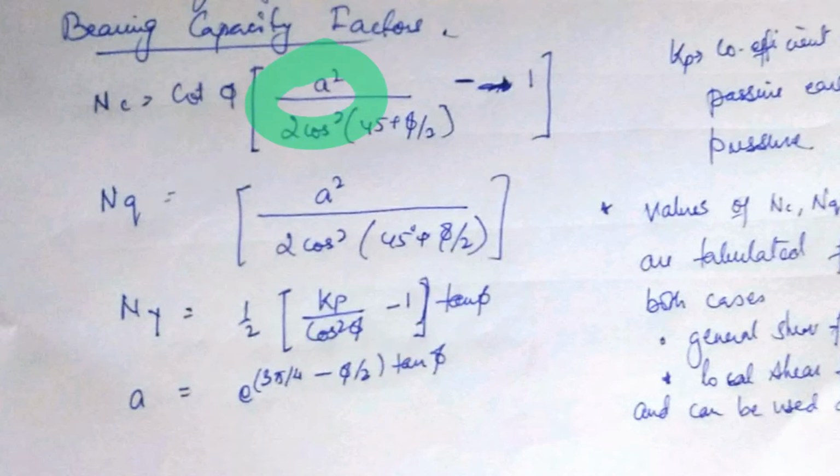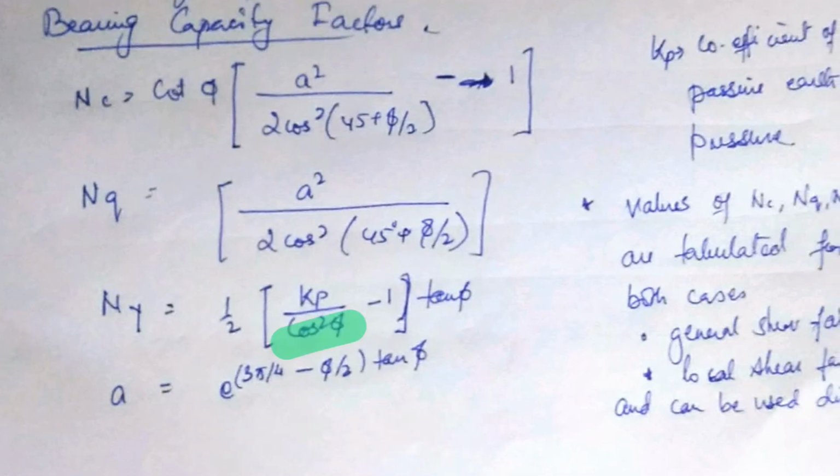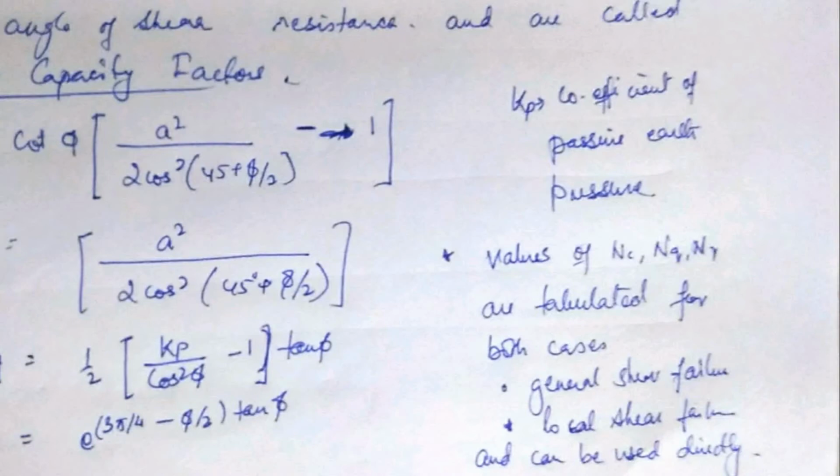A is actually equal to e raised to the power 3 pi by 4 minus phi by 2, multiplied by tan phi. And what is Kp here? Kp is the coefficient of passive earth pressure.